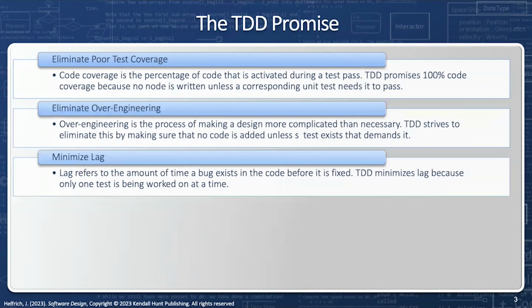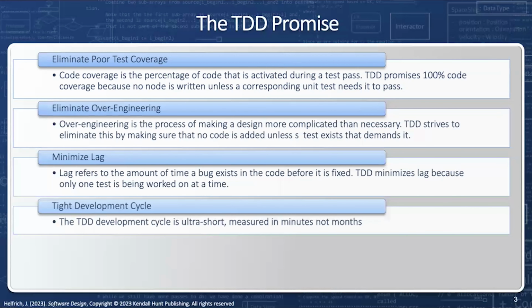Third, we're going to minimize lag between when the bug is introduced and when the bug is fixed, as we discussed earlier. This lag should be measured in minutes, not hours or days or months or years. Fourth, we're going to have a tight development cycle. The development cycle is very short, once again measured in minutes, not in months. From the time that we have the requirement until it is implemented is going to be 5, 6, maybe 7 minutes.